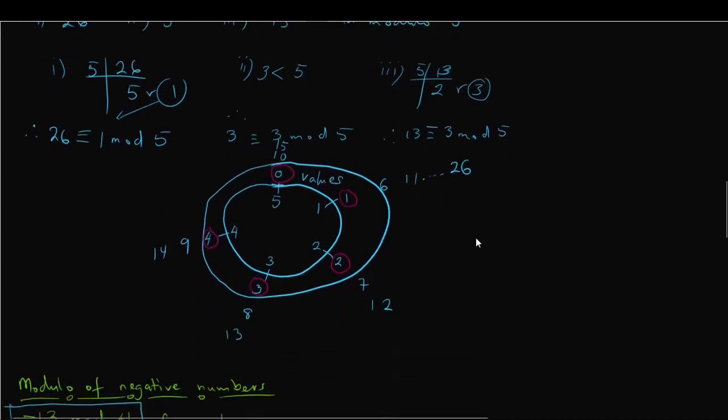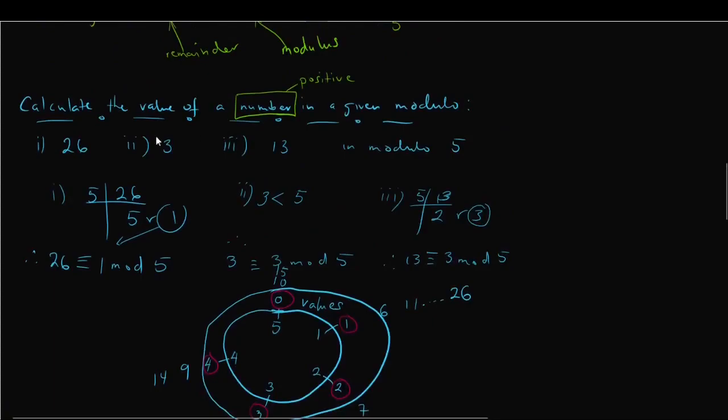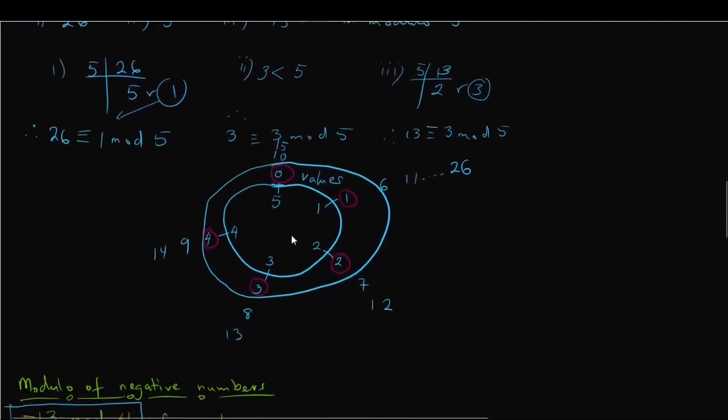That is the answer. Now we can draw our own modulo value ring to help us to find the value of certain numbers or certain calculations in certain modulus. For instance, if we were given modulo 5 as we solved in these 3 examples, if we were to draw the modulo ring, 1, 2, 3, 4, 5, so these are the numbers in the modulo ring for modulo 5. Now, how do we arrive at the values?